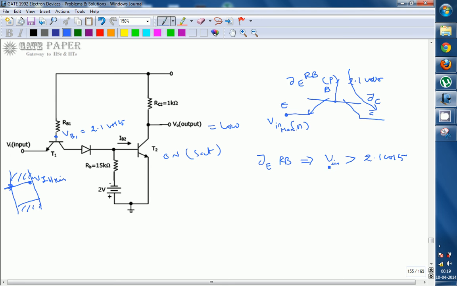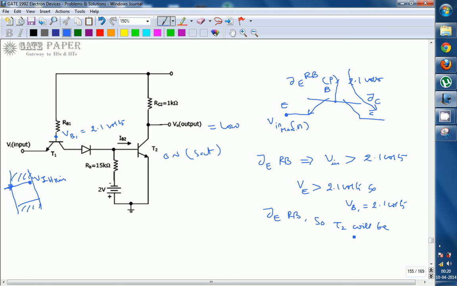Whenever V input is greater than 2.1 volts, the emitter voltage is greater than the base voltage of 2.1 volts. That is, on the N side you are applying a more positive voltage and on the P side a less positive voltage. That makes the emitter base junction reverse biased, so that transistor T2 will be in the saturation region.